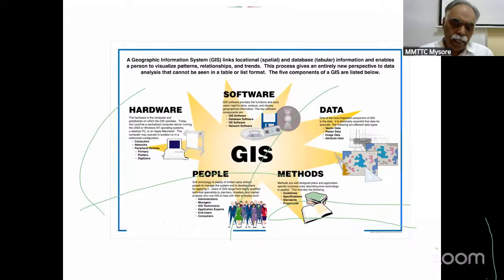So GIS, let me talk a little about GIS, and there will be a lot of things that I will be showing for you. Geographical information system links location, spatial data and database. Location means, without pinpointing the space, any information will become useless.